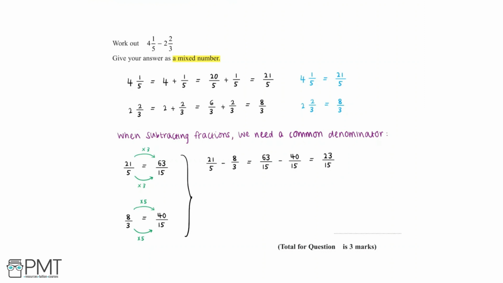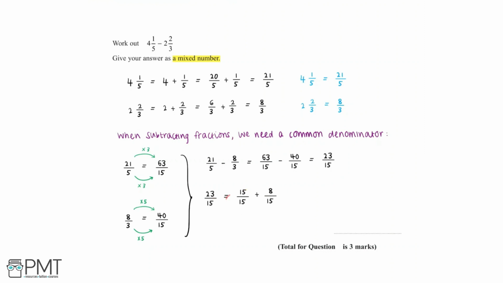But now this isn't our final answer, because we need to give our answer as a mixed number. And so essentially, to convert from an improper fraction to a mixed number, we'd do the opposite of what we did at the beginning. 23 over 15 can be written as 15 over 15 plus 8 over 15, because 15 plus 8 is equal to 23.